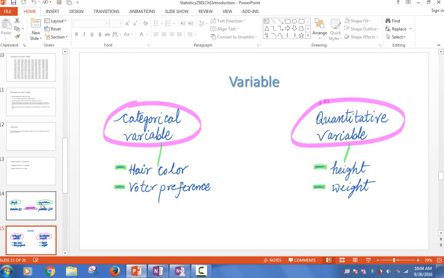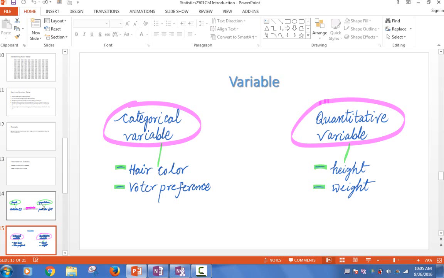Yeah, a variable is some sort of traits or characteristics of certain individuals or objects of interest. Variables could be categorical or quantitative. Quantitative variables are variables with numerical values.